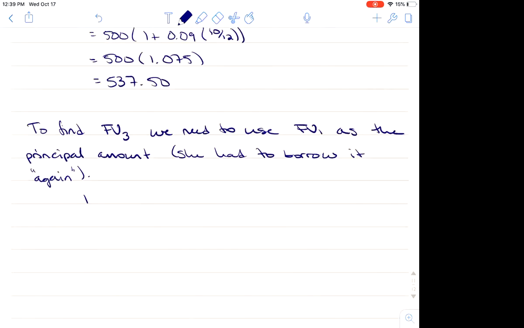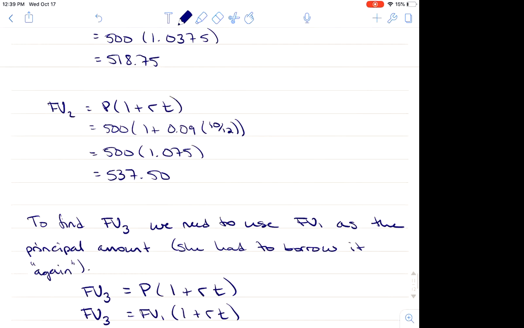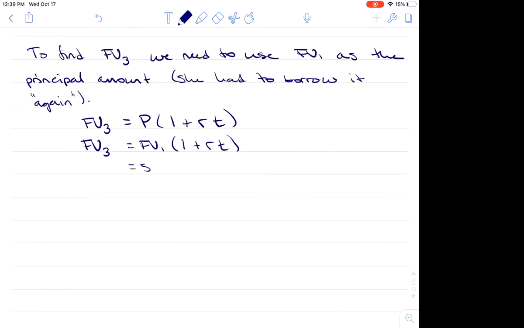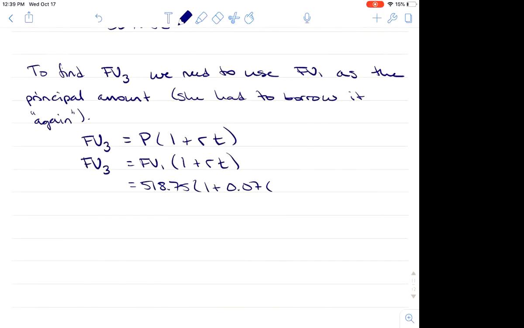Future value 3 is P times 1 plus RT, where P is actually future value 1. So I'm going to show that in my work here. Future value 1 times 1 plus RT. Future value 1 was 518.75, times 1 plus the rate, which changed to 7%, 0.07 times, and she's only borrowing it for 2 months, so 2 out of 12.